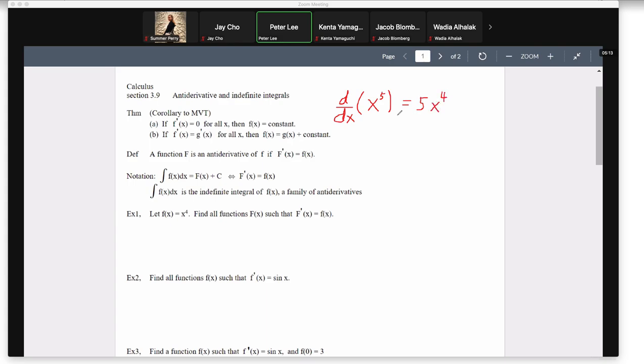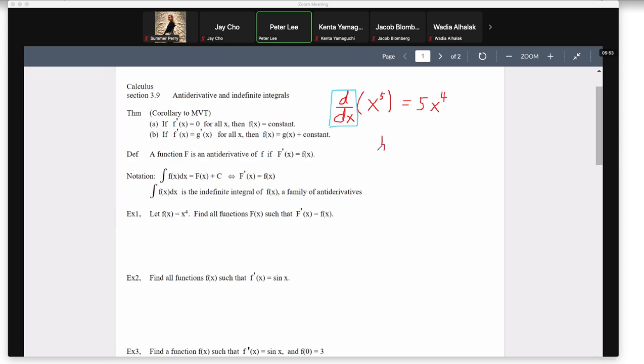By the way, the d/dx itself is not any function. It means the derivative of something. In this case, it means this is the derivative of x to the fifth power, which we know is 5 times x to the fourth power. Now we have the opposite procedure.